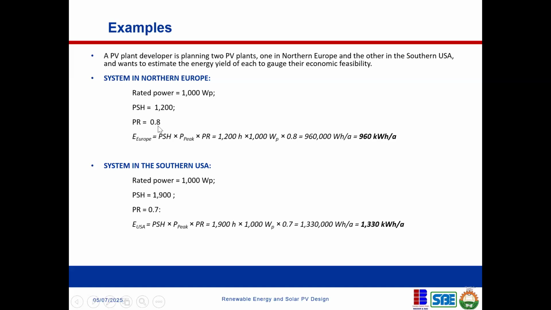Instead of 0.8 or 80%, you're now using 70%. Now, to calculate the energy yield in the Southern USA, you're going to use the peak sun hour times the peak capacity times the performance ratio. And when you do this, you're going to have 1,330 kilowatt hours per annum.